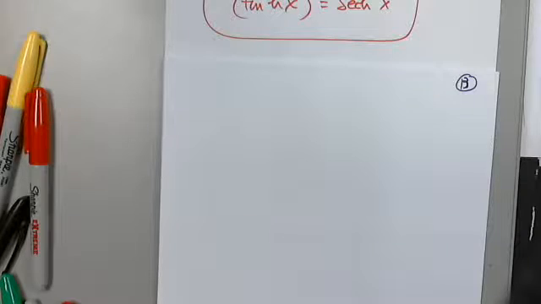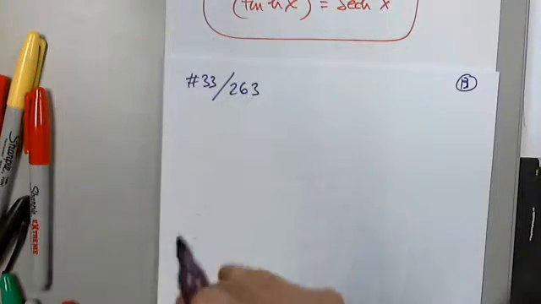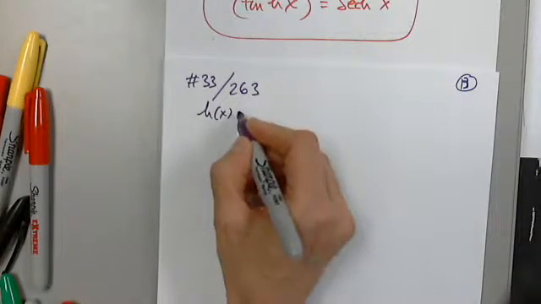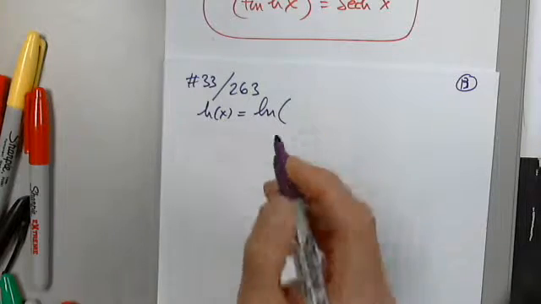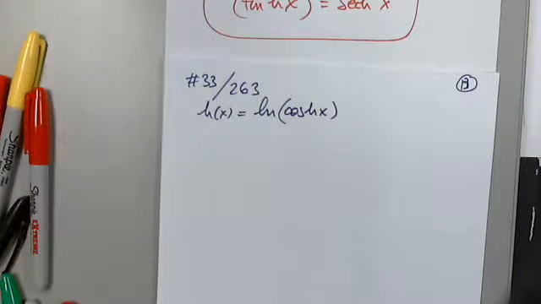Okay, so let's look at 33 on page 263. We have h of x equals natural log of hyperbolic cosine x. We want to find h prime.